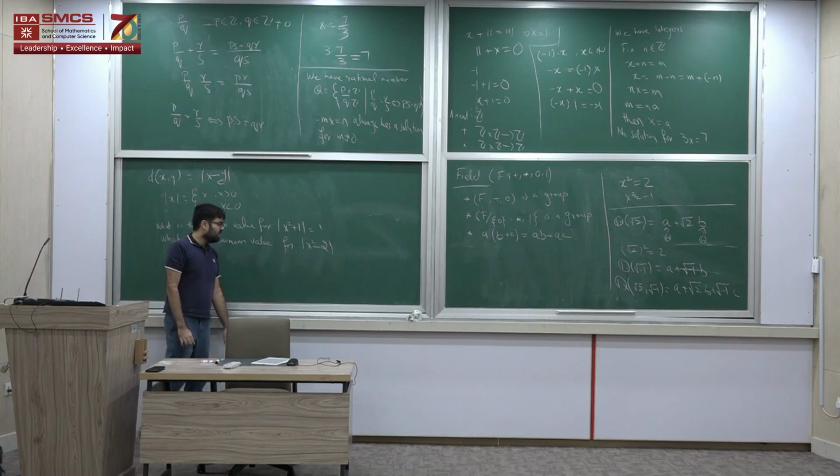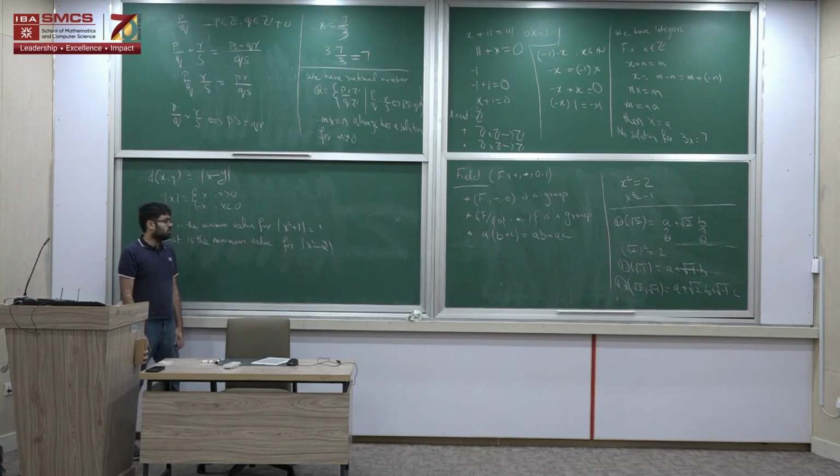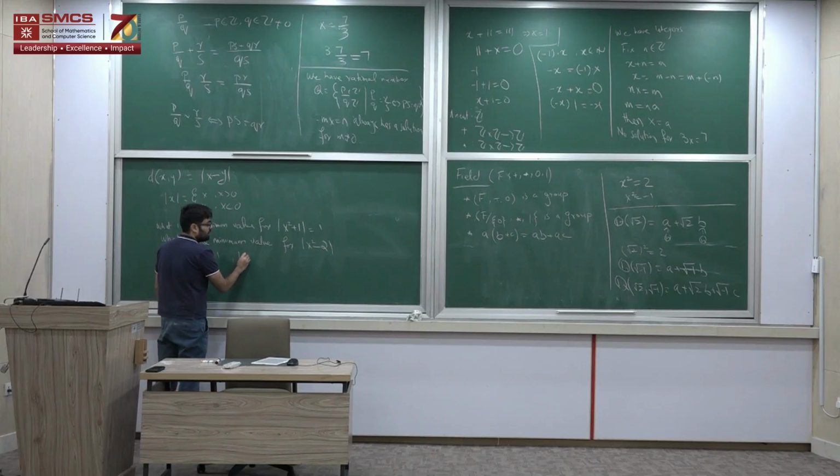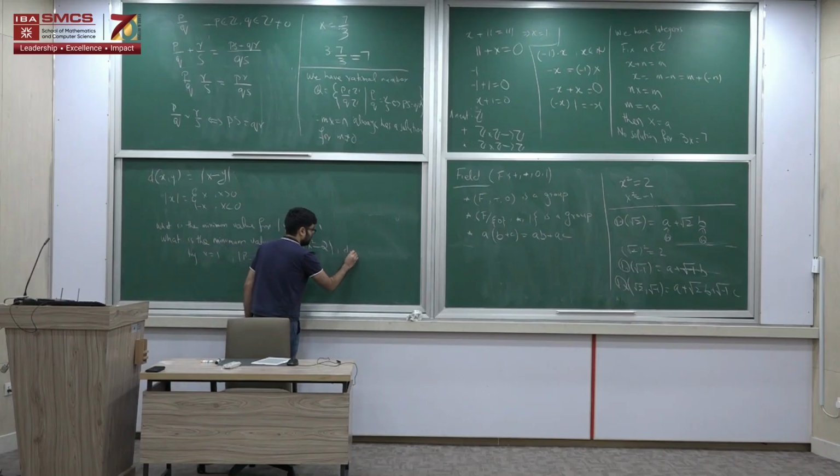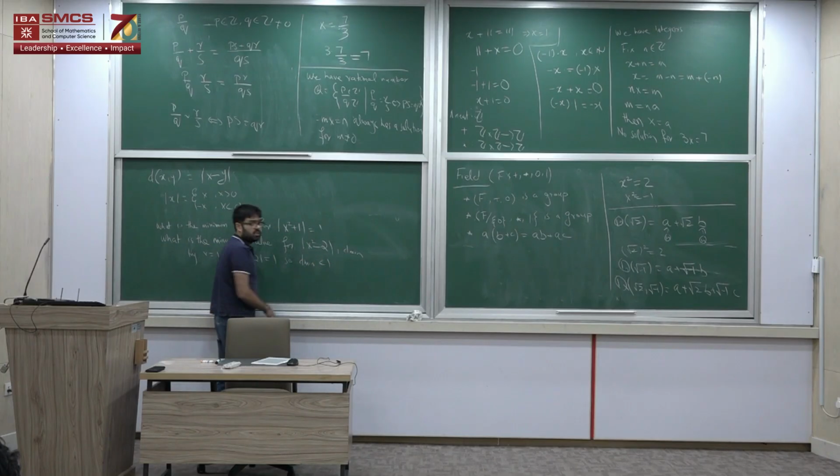Here it's not as easy as finding this, but let's try. One thing I can do is try x equal to 1, and what I will get is that 1 square minus 2 is minus 1, so the distance is 1. Let's call it d min. So what I know is d min is at most 1.